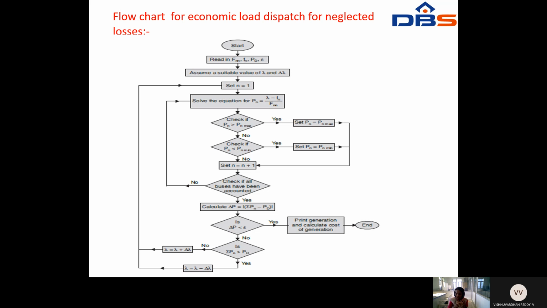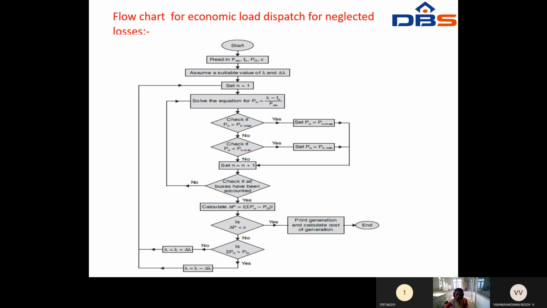When the condition is not satisfied, check another condition, Pn less than Pn min, and set Pn equal to Pn minimum. Then going to another step, set n equal to n plus 1. When neither condition is satisfied, also go to set n equal to n plus 1. After that we check another condition, whether all the buses have been accounted.